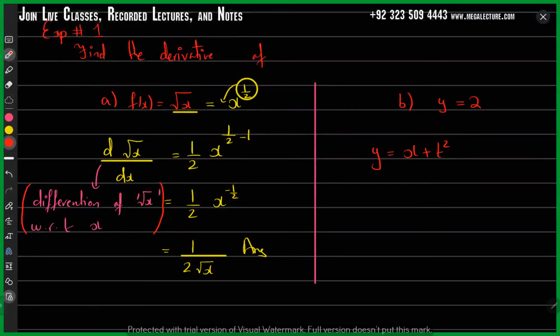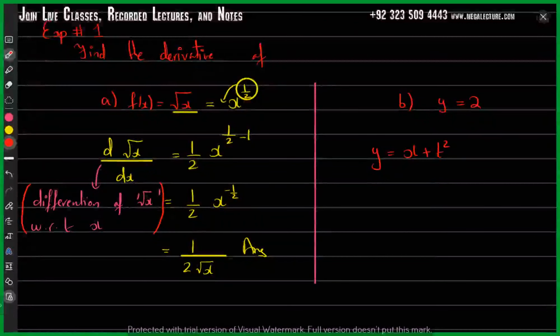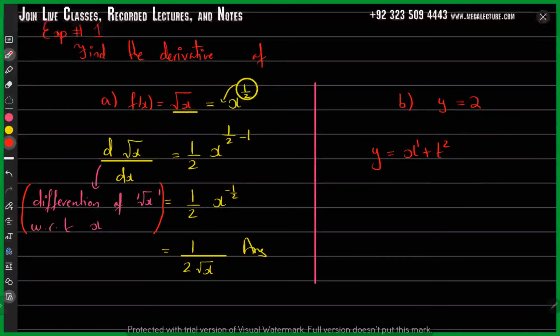Now, when you start differentiating this, you would certainly get confused: yes, I know I need to write this power as coefficient, I need to subtract 1 from the power, but for which variable? Am I supposed to do it for x or for t, right?